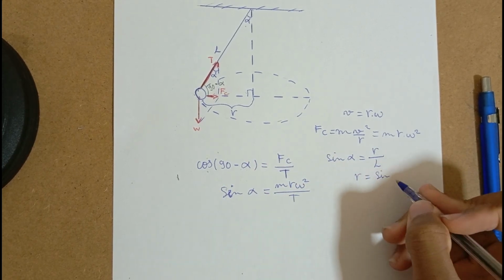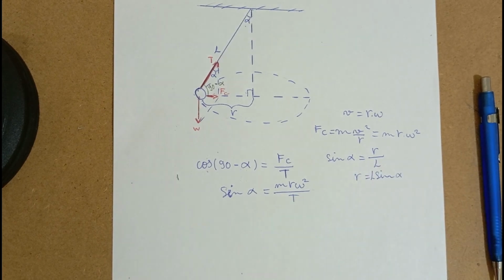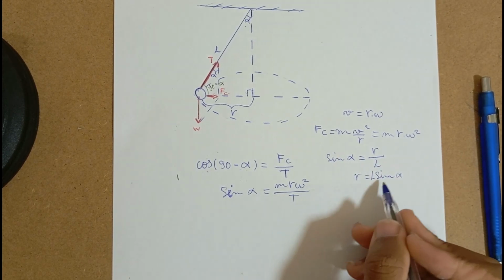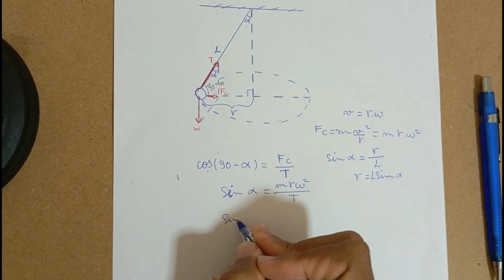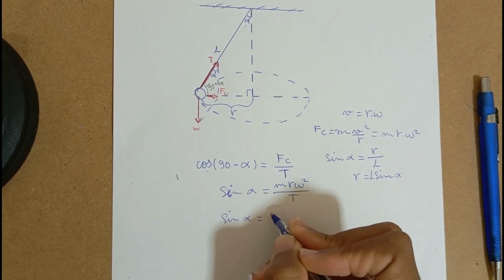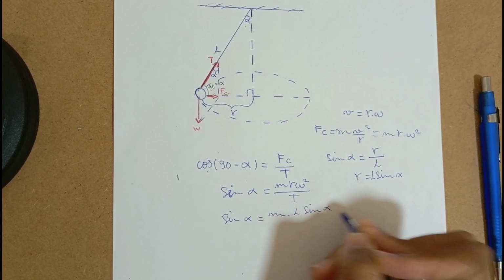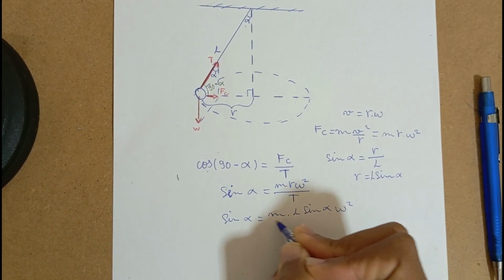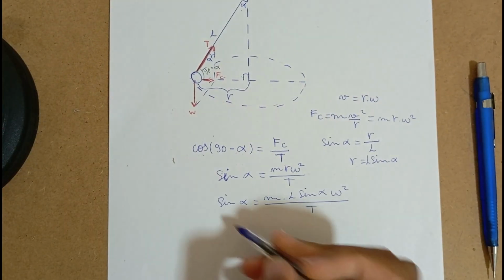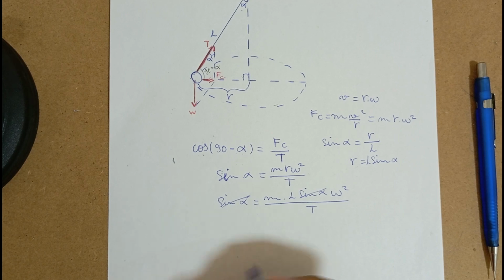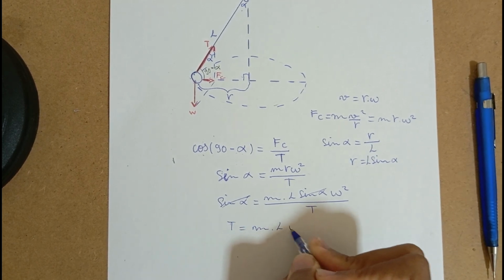Okay, the radius is sine of alpha times L, right? So this radius is equal to this, so I can come here and just put this sine. Good. So we get this. We can cancel out this and this. So the tension force is equal to mass times length times angular velocity squared.